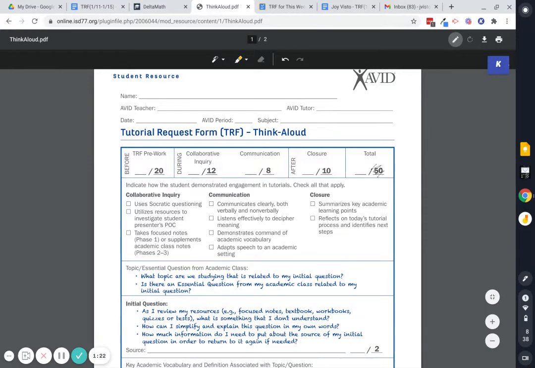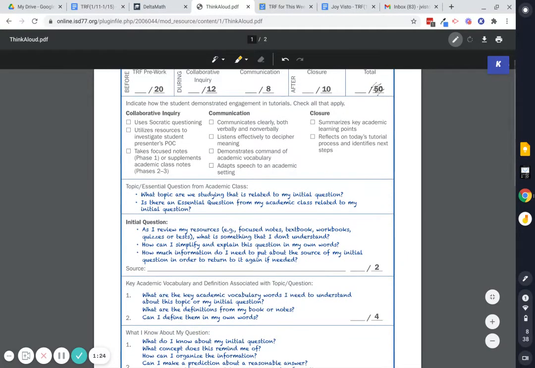Okay. But here's what I want you to be thinking about. Topic essential question from an academic class. You could almost do initial question and then come back on this. But initial question, remember this is where you get your first point, is I review my resources. What is something I don't understand? Right? Maybe you need to go through your Moodles today and you need to be like, we have one more test in math and I don't understand polygons.